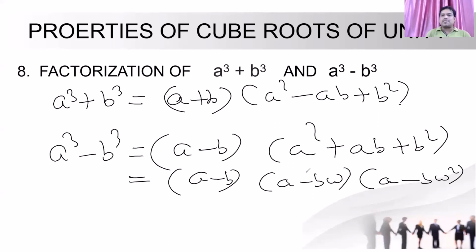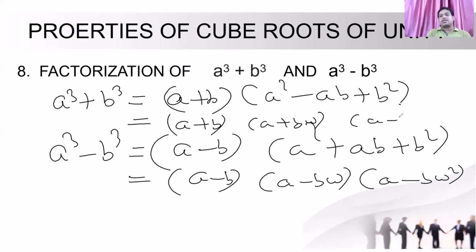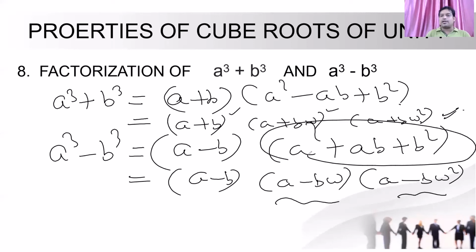Remember this formula is very easy. In this case, a plus b into a plus b omega into a plus b omega square, all are plus. And here a minus b omega and a minus b omega square. You have to remember this also. If you multiply these two, then we definitely get this value.